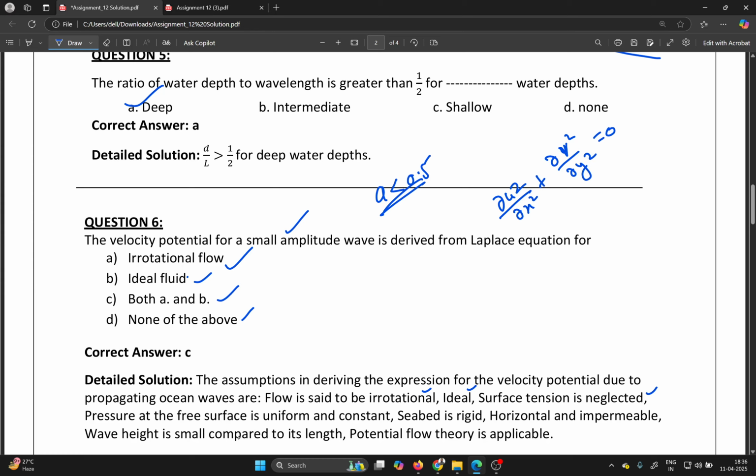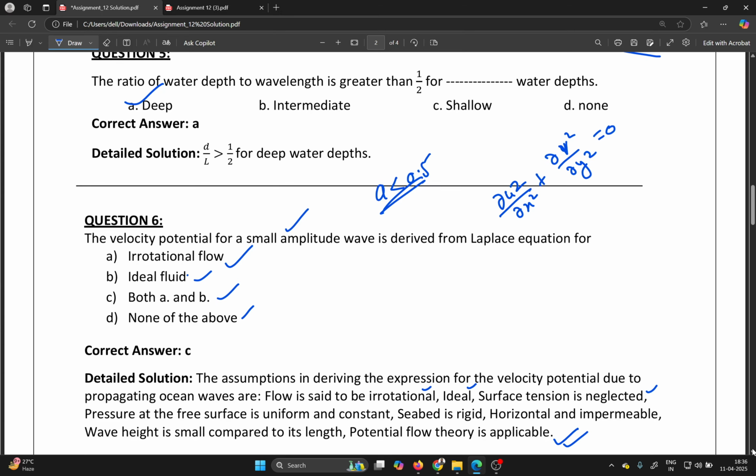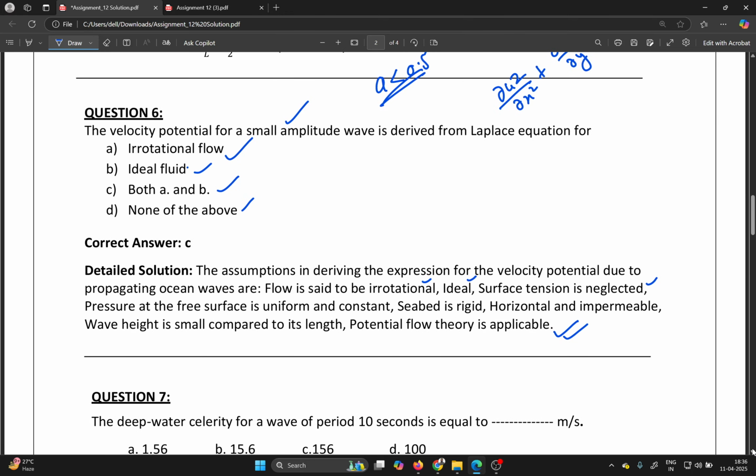Wave height is small compared to its length, and potential flow theory is applicable. So these are the assumptions behind deriving your velocity potential using the Laplace equation. Now the next question is question number 7.